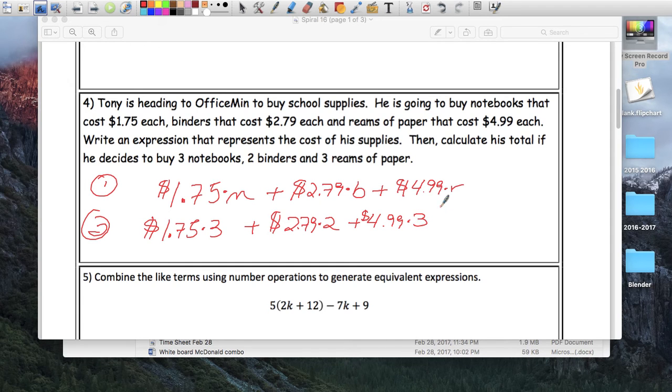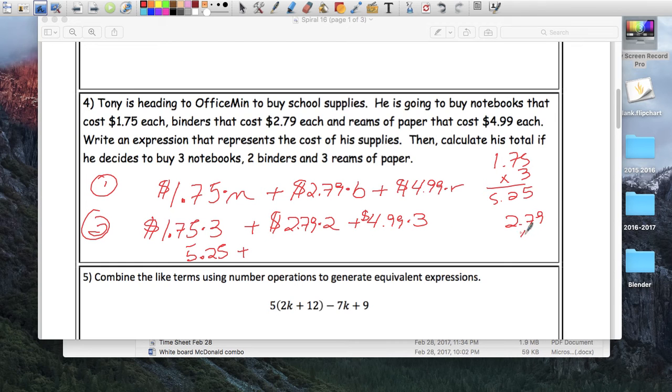So it's now a matter of finding a... fine, I don't have my phone with me. Okay, so 175 times 3. Okay, 15, 22, 525. So his notebook is going to cost $5.25. 279 times 2.